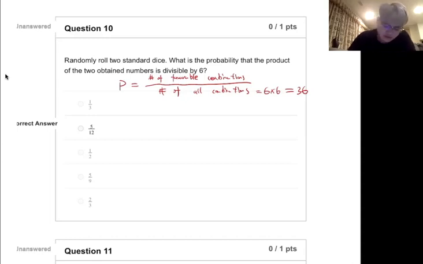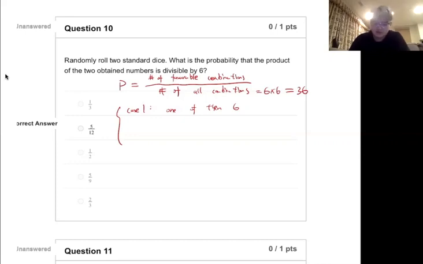So there are 2 cases. Case 1 is that one of them is 6, because 6 times any number will still be divisible by 6. Let's set the first dice to 6. No matter what number the second dice gives us, the product will still be divisible.